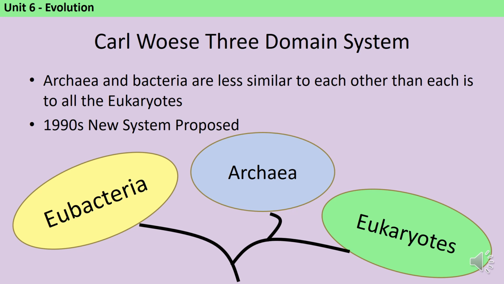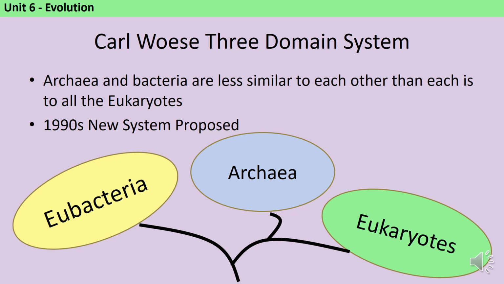But then in the 1970s, evolutionary biologist Carl Woese wrote about the fact that actually the archaea were so different from the bacteria. They were as different from each other as they were from the eukaryotes. They were just two completely different groups and they should never have been put together in the first place. So Woese worried about this for quite a long time, and then eventually in the 1990s he proposed a new system called the three-domain system.